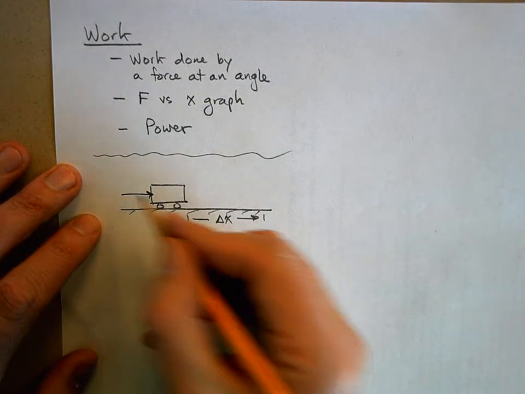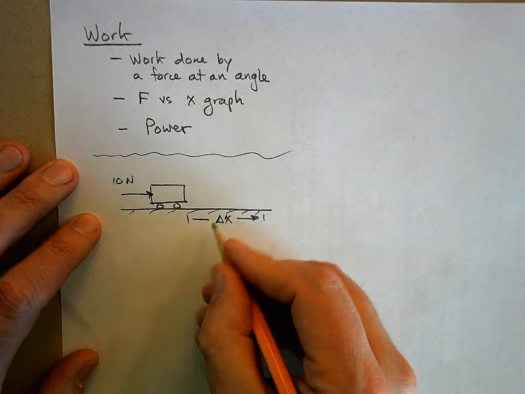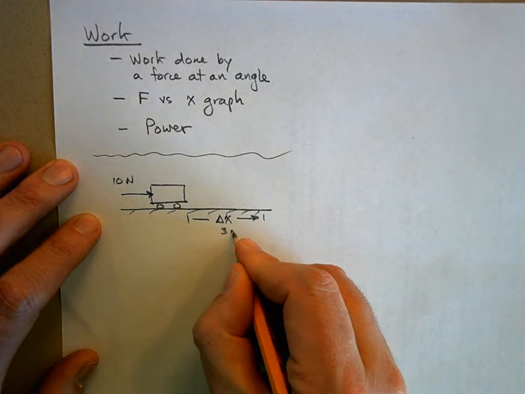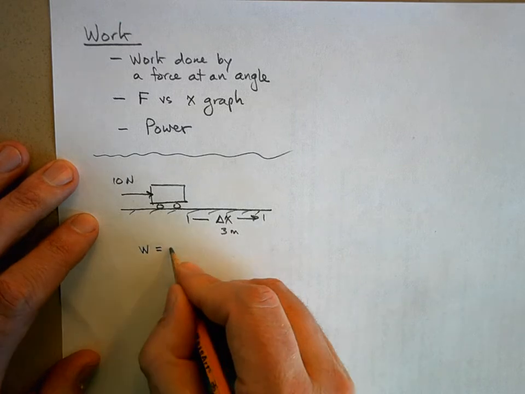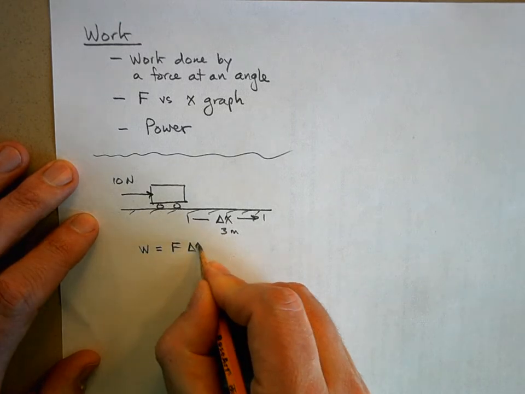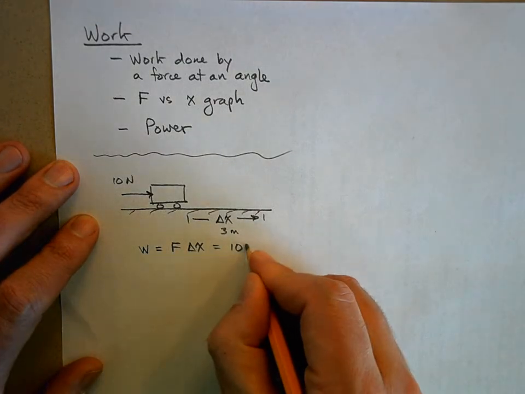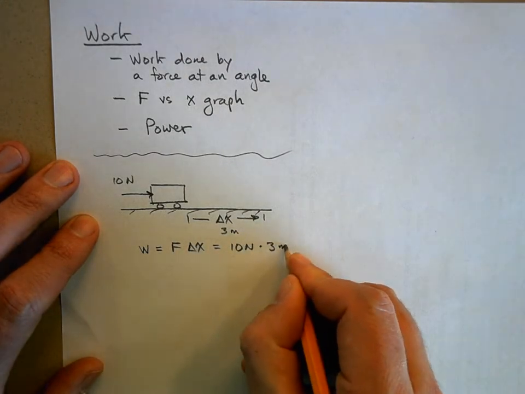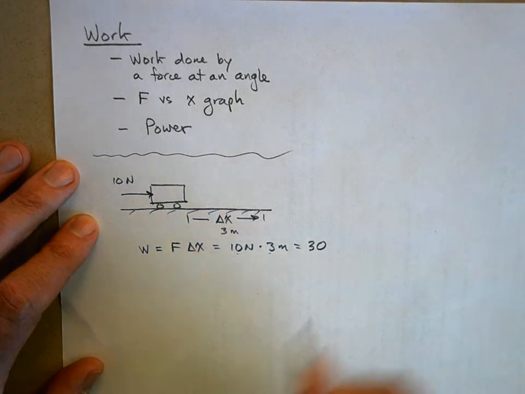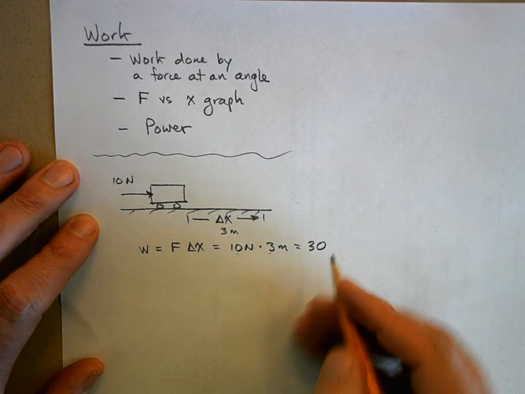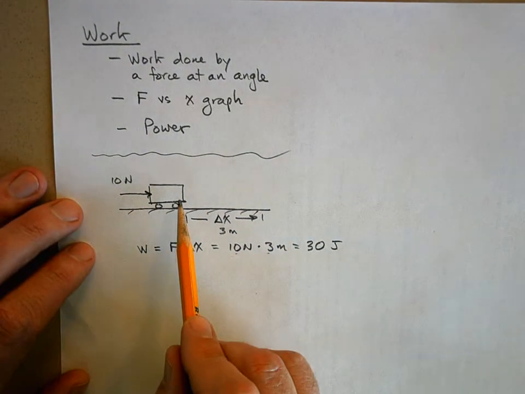Let's say that this force here is 10 newtons, and this displacement is 3 meters. Okay, well, the work done is just the force times the displacement. So this would be 10 newtons times 3 meters. Well, 10 times 3 is 30. And a newton times a meter is a joule. So there's my answer. I did 30 joules of work going from here to here.